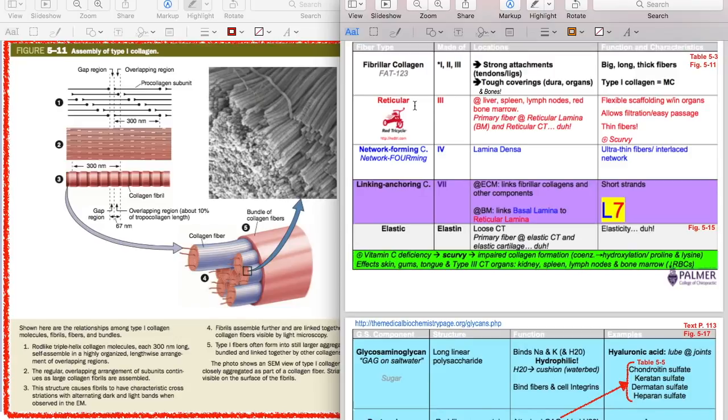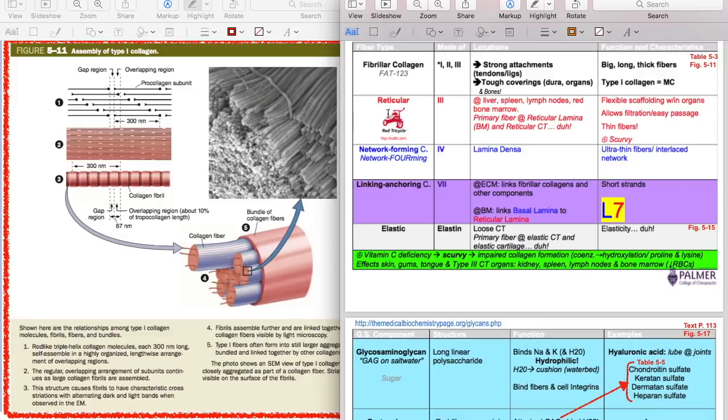Now on to reticular. Reticular fibers are comprised of type 3 collagen, and you see in front of you a red tricycle. Reticular, red tricycle. A tricycle has 3 wheels. Reticular sounds like red. Everything in here is red.